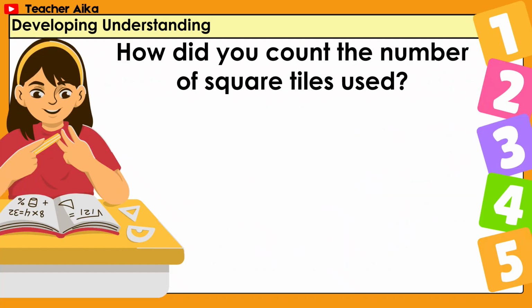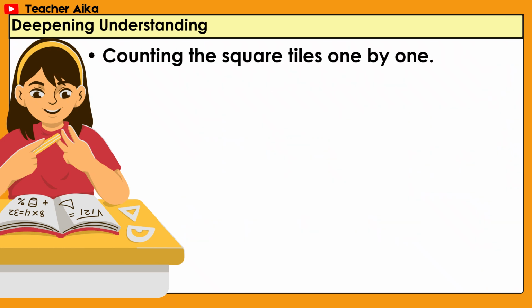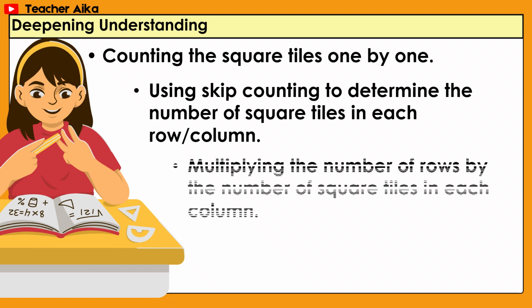So this is what it looks like. Let's answer the questions. How did you count the number of square tiles used? Counting the square tiles one by one. Using skip counting to determine the number of square tiles in each row or column. Multiplying the number of rows by the number of square tiles in each column.